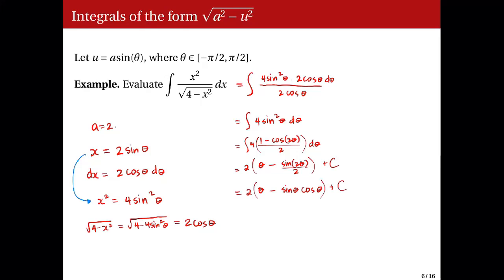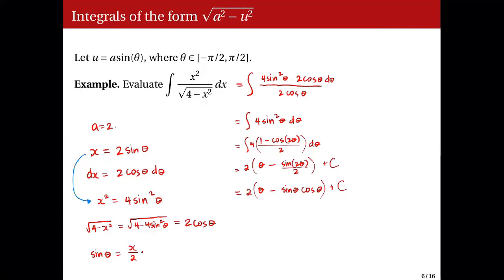Now, we bring back our x. Notice that from this, sine theta is equal to x over 2. For the cosine theta, you look at this: square root of 4 minus x squared is equal to 2 cosine theta, so you can solve for cosine theta immediately.